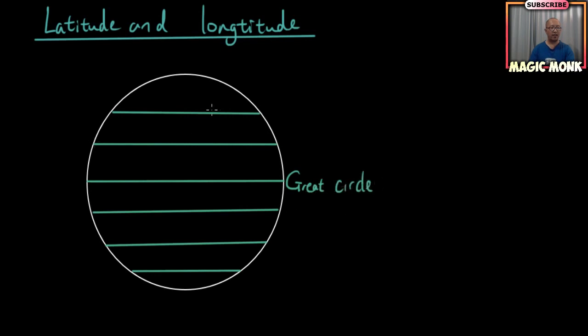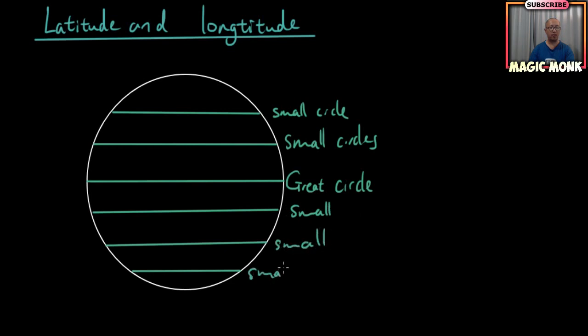And all of these other lines that are parallel to the great circle, they're going to have a smaller circumference. So these are called small circles. So that's small, small, small. And the greatest one will be right in the middle of the sphere. This line will be crossing the center of the sphere. It's called the great circle.